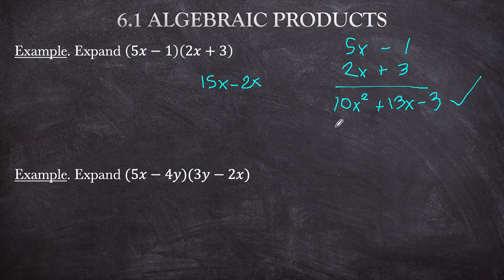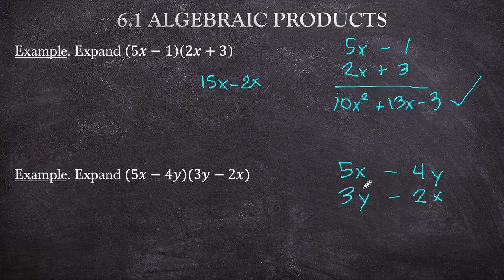And this is our answer for this example. Next is expand the quantity 5x minus 4 times the quantity 3y minus 2x. So this will give us 5x minus 4y times 3y minus 2x. We can make use of the commutative property.